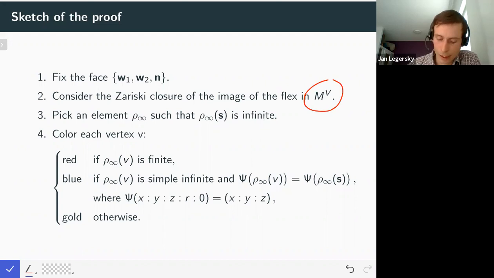So we can look at the copy of the hypersurface M that corresponds to the vertex S. So I draw again my image. This W1, W2, N is now fixed.